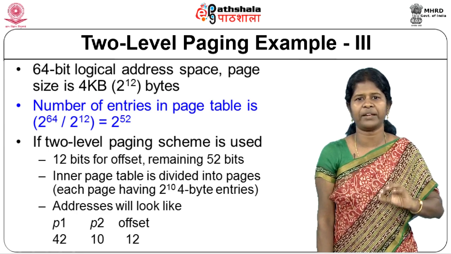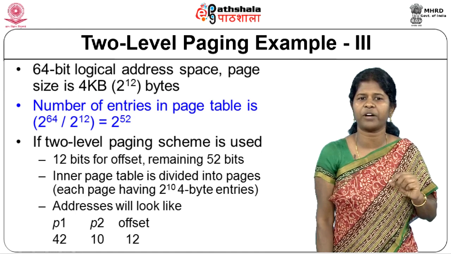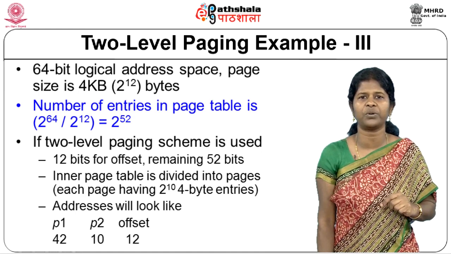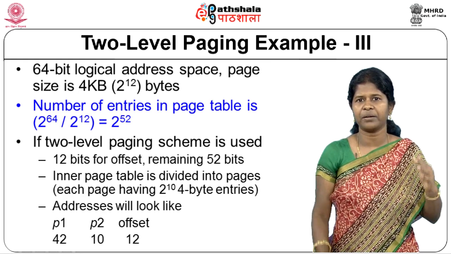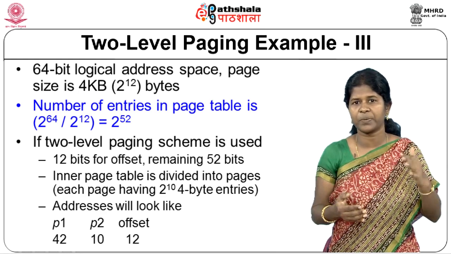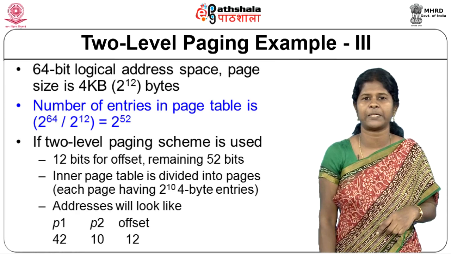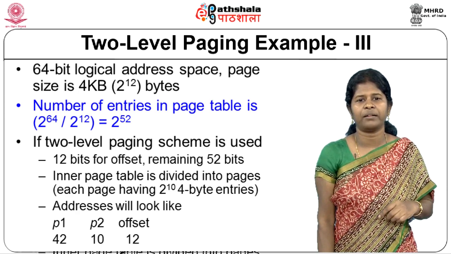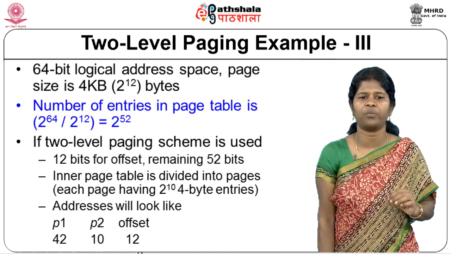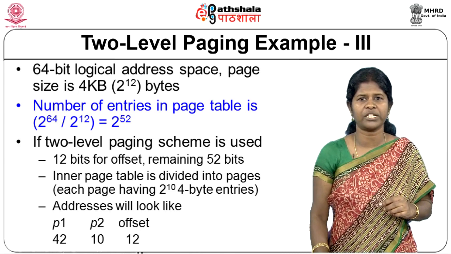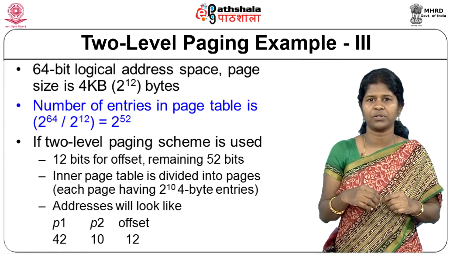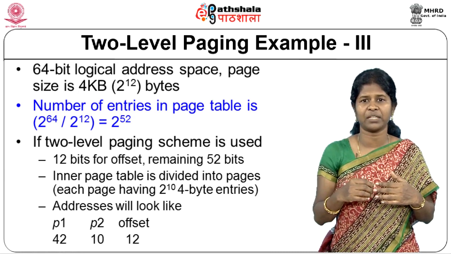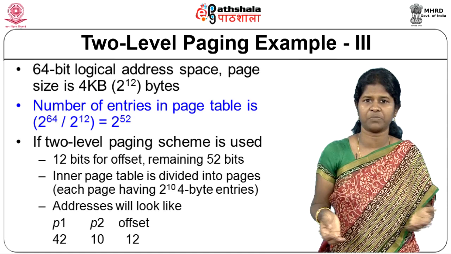So, the number of entries in the page table will be 2 power 52, because 2 power 52 is the number of pages that will be generated by dividing the entire logical address space into pieces of 2 power 12 size each. And 2 power 52 is very large, because you need to have 2 power 52 entries in the page table, hence the page table size becomes very large.